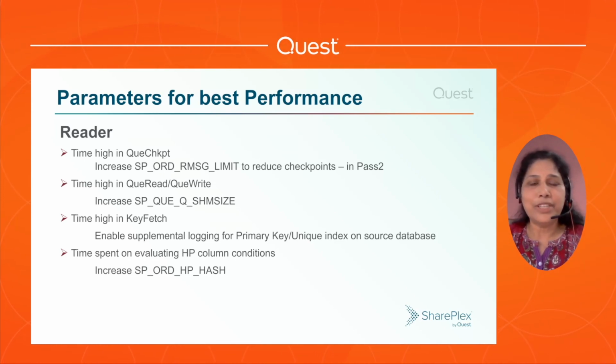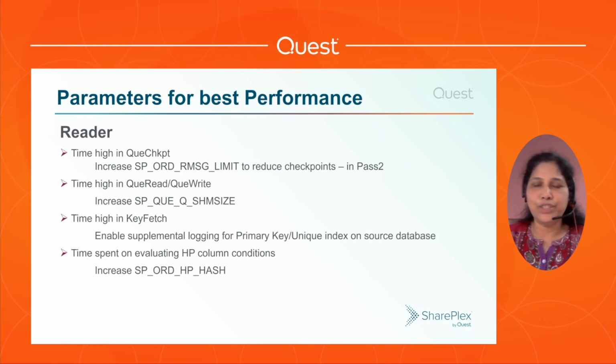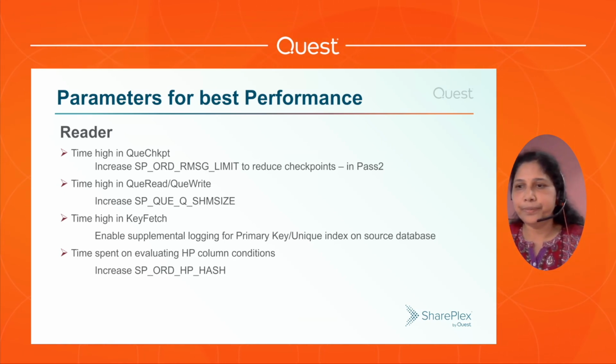So you want to check your supplemental logging for the tables which are being processed. You want to enable supplemental logging for the primary key and the unique key on the source database. If you think that time is spent evaluating HP column conditions, you would increase the HP ORD HP hash parameter.